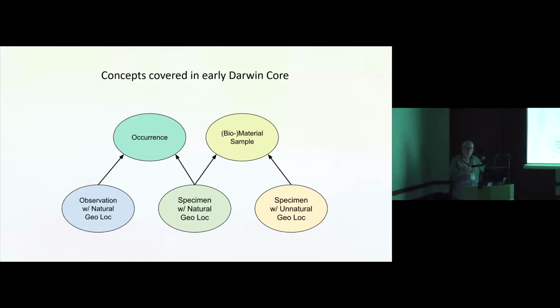Down at the bottom, we had three major categories of information: observations, specimens with natural geolocations, natural occurrences that would be relevant to species distributions, and specimens that had unnatural locations that still might be useful for people that need to study certain kinds of materials.